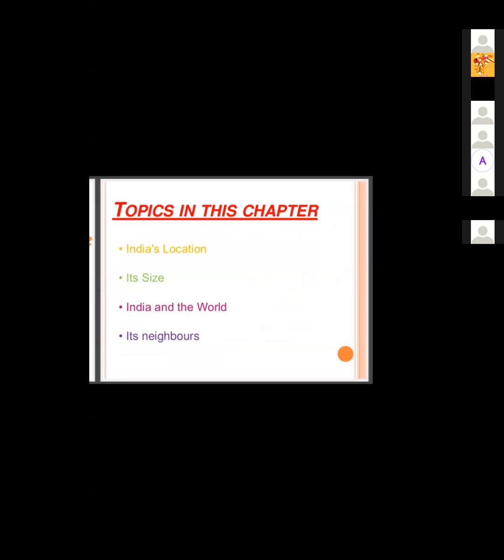In this chapter, what are the topics we want to cover? India's location, its size, India and the world, its neighbors. First, we see the location. Where is it located?